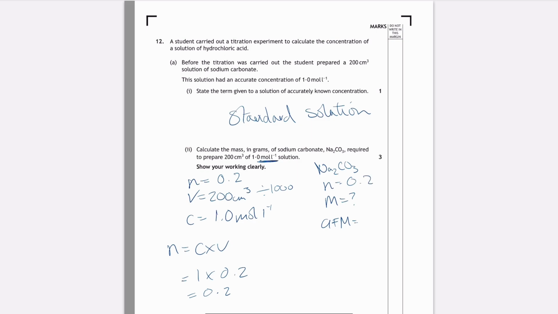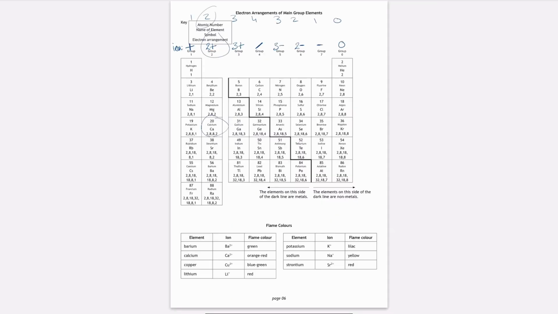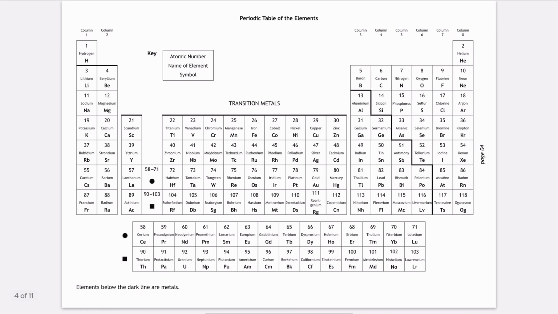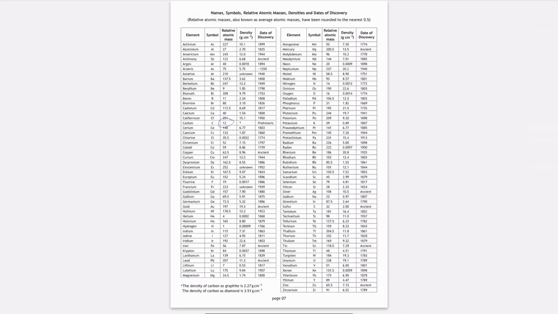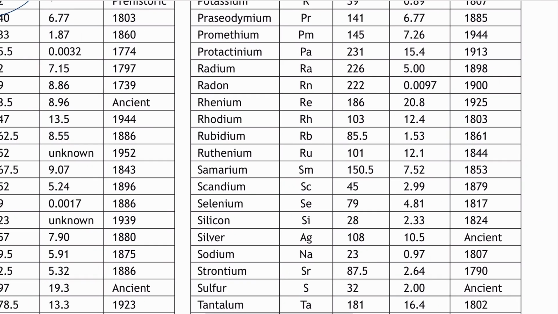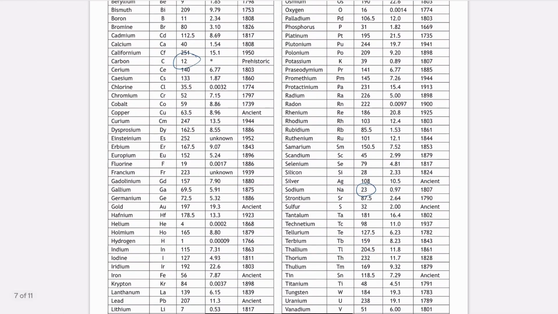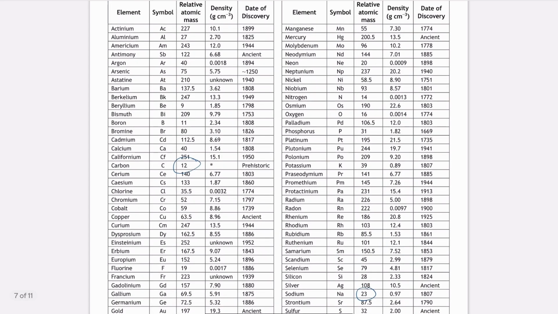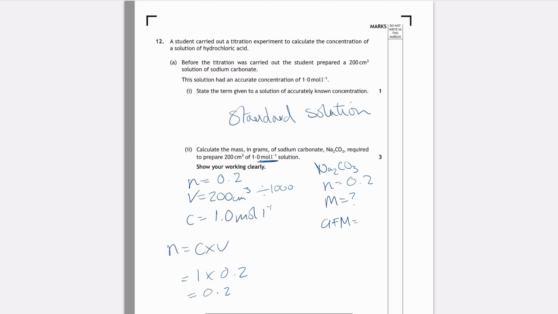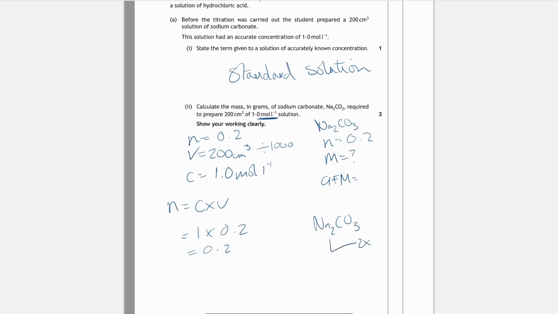The GFM of sodium carbonate we can work out from the data booklet. So we go to our big table. The GFM of sodium is 23, carbon is 12, and oxygen is 16. So we've got 2 times 23, 1 times 12, and 3 times 16.